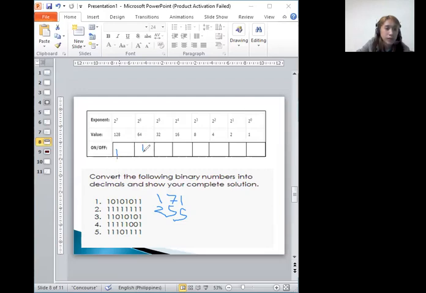Next, number 3: 1 1 0 1 0 1 0 1. So we're going to add the on transistors: 128, 64, 16, 4, and then 1. 128 plus 64 plus 16 plus 4 plus 1.